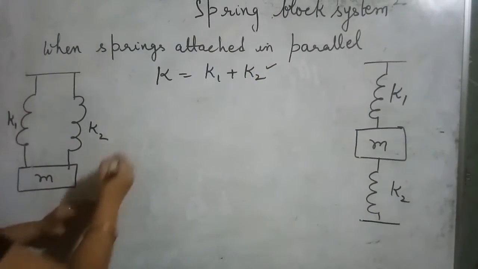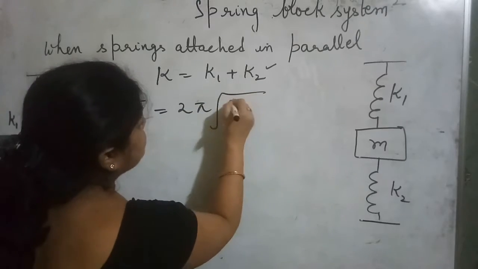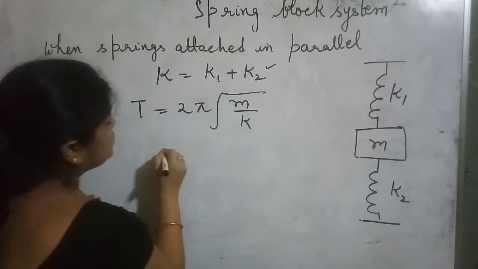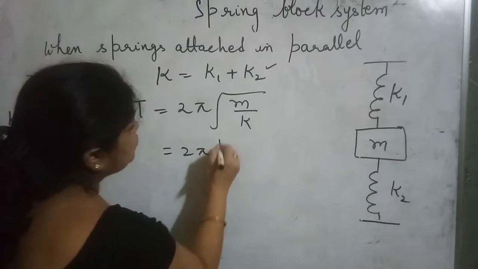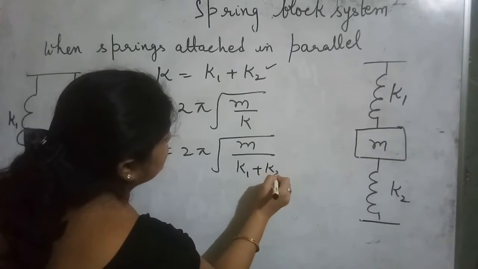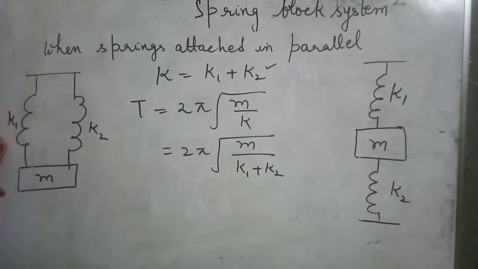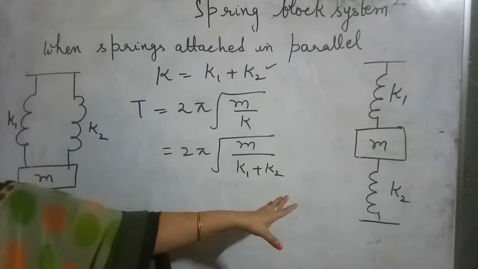Now, when we apply our formula for the time period, we have 2π under root m by k. So we just simply write 2π under root m over K1 plus K2. So this is the time period for the spring when they are attached in this way. Clear?